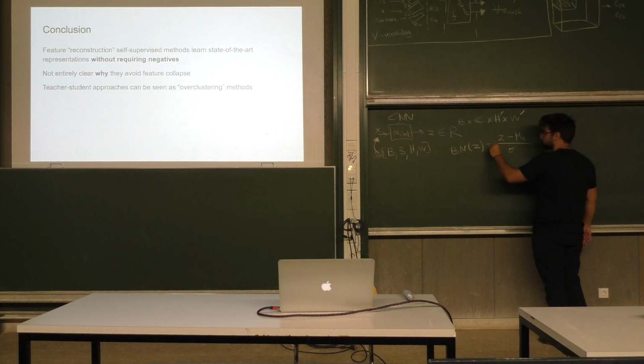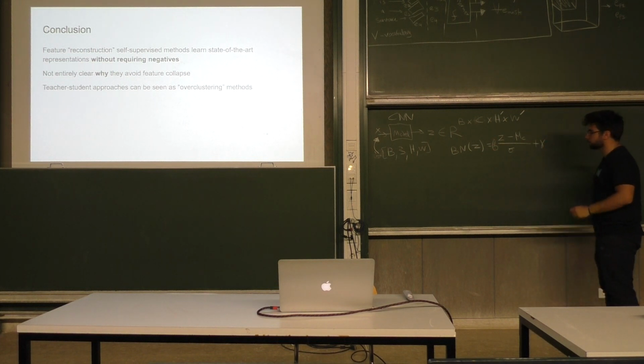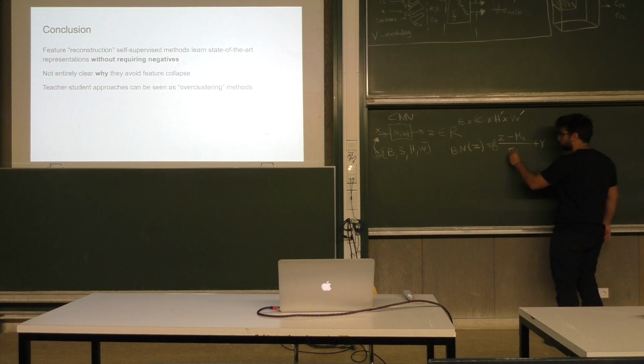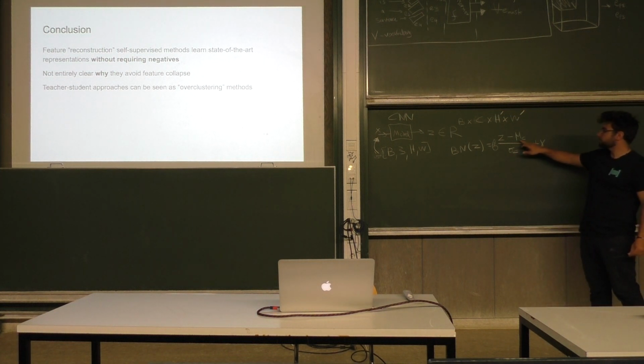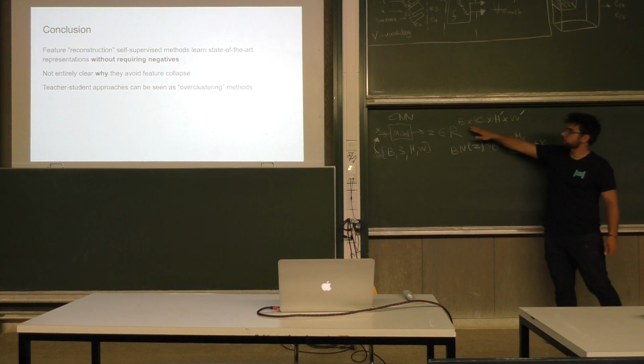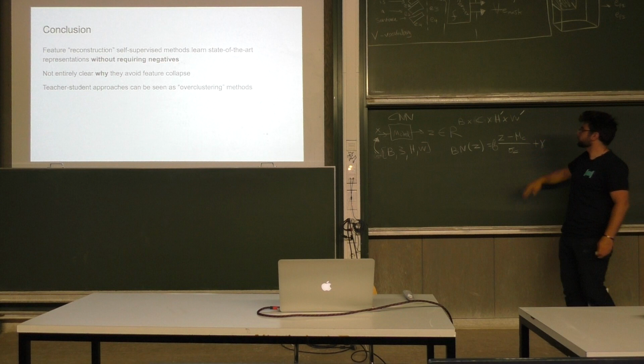okay, let's use beta. So here we have some first order statistics, the mean and the standard deviation, that are computed from this tensor.